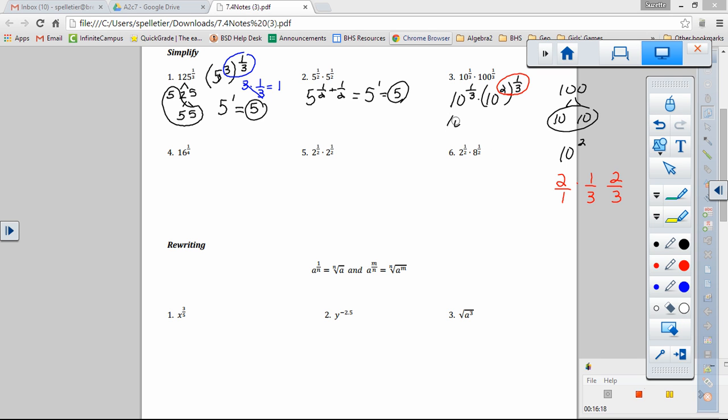So I have 10 to the 1/3 times 10 to the 2/3, okay? And the rule says when the bases are the same, we can add the exponents. Okay, so now I have 10 to the 1/3 plus 2/3, or 10 to the 3/3. 3 divided by 3 is 1, so 10 to the first, which is 10.